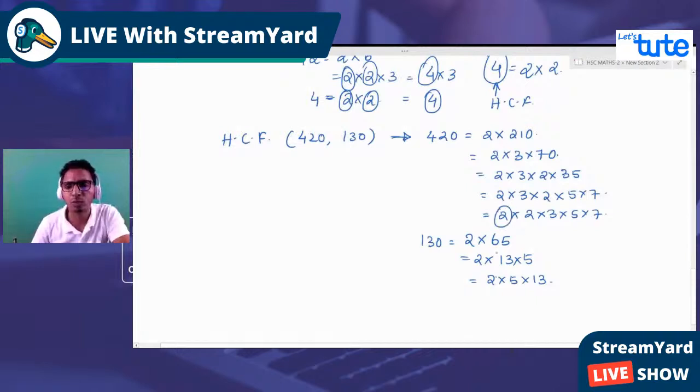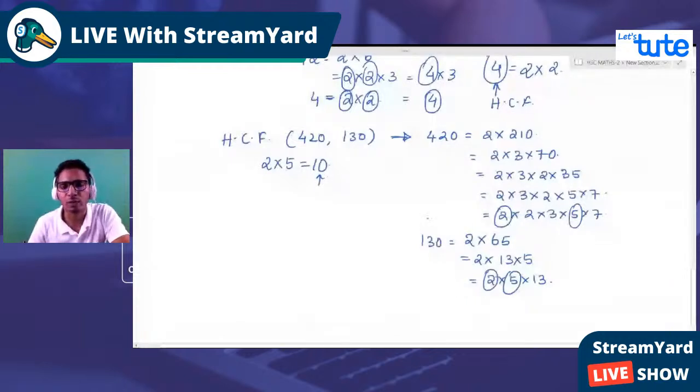We have 2, we don't have any more 2s, we don't have any 3s, but we have 5. So 2 fives are 10. We can say that 10 is the highest common factor of 420 and 130.